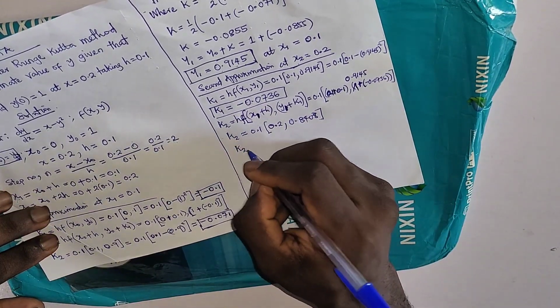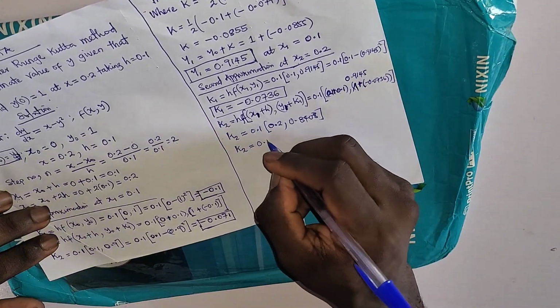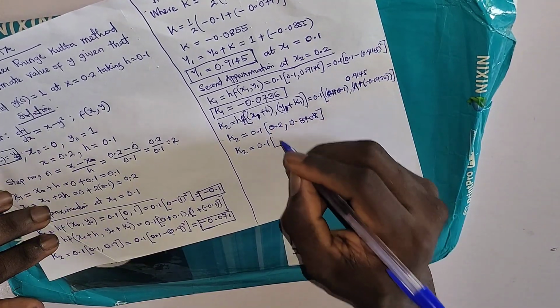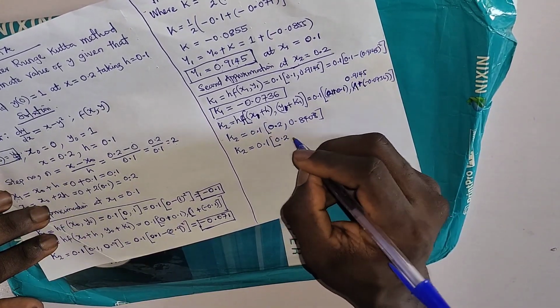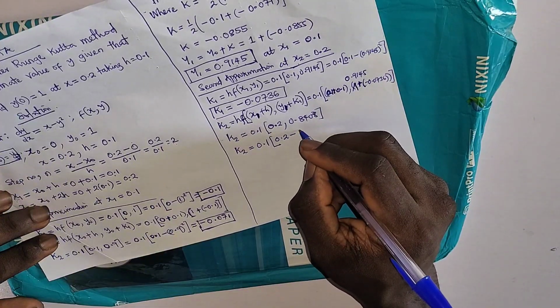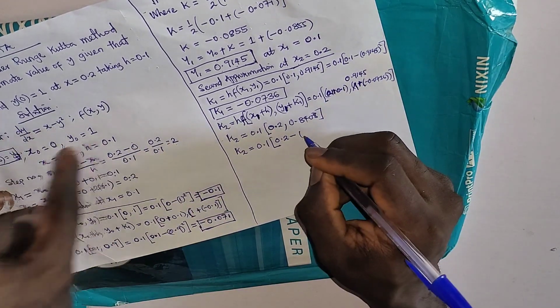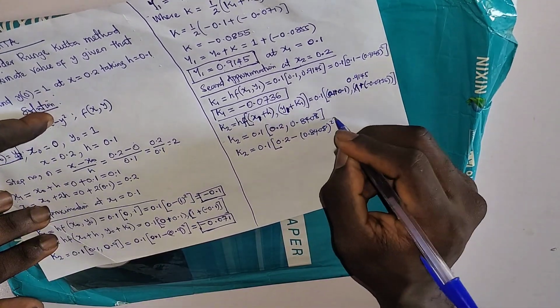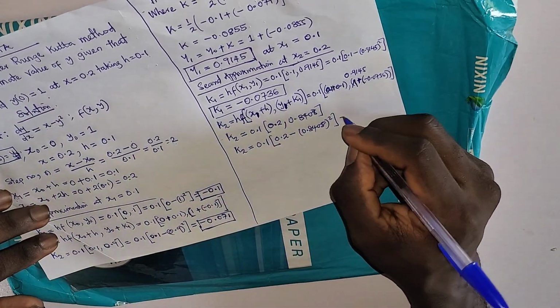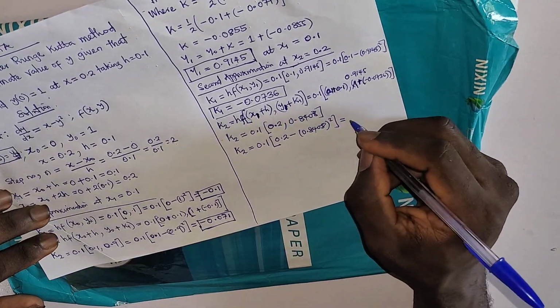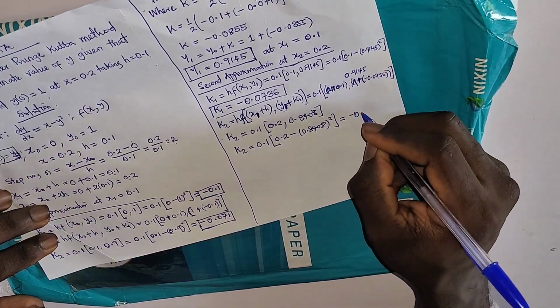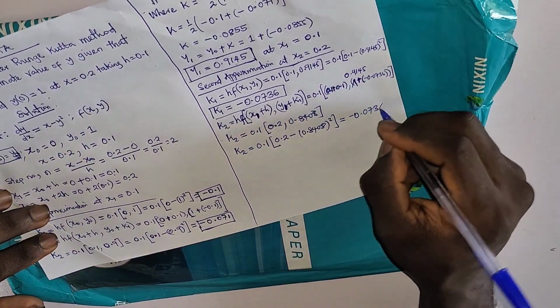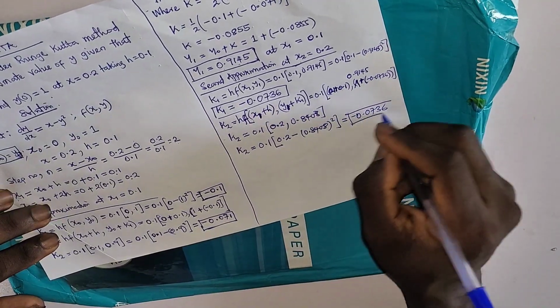So my K2 now is going to give us 0.1 into 0.2 minus, now we are applying the derivative, 0.8408 y squared. So you see our answer for K2 is going to be negative 0.0736. So that is your K2.